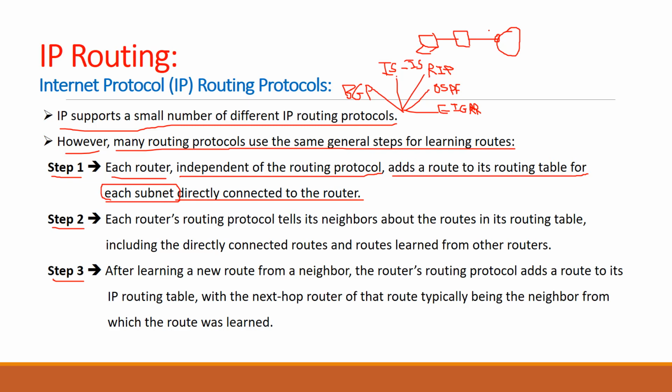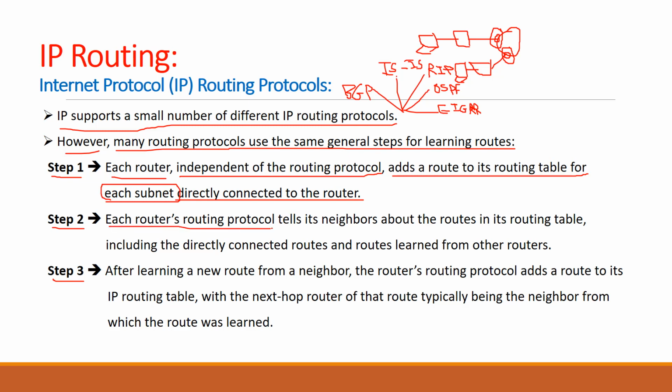So independent of the routing protocol, the router adds a route to its routing table for each of these direct subnets. If it has another switch here in another subnet with another PC here, this interface is in another subnet. So it will have two routes as connected routes in its routing table.